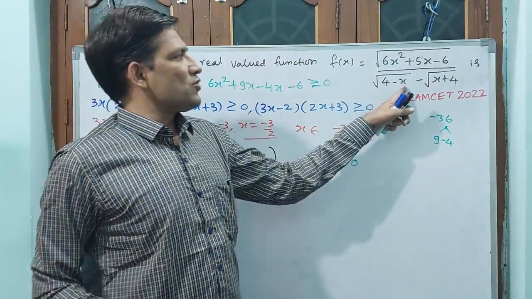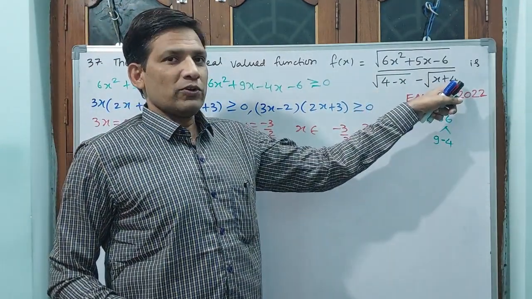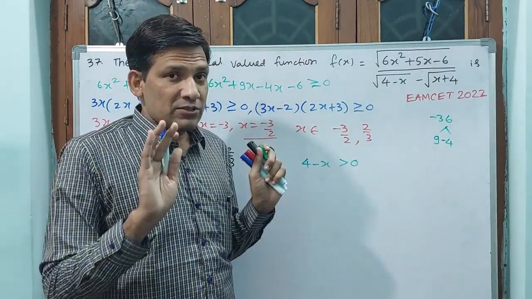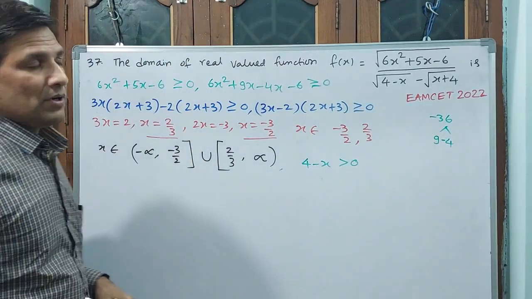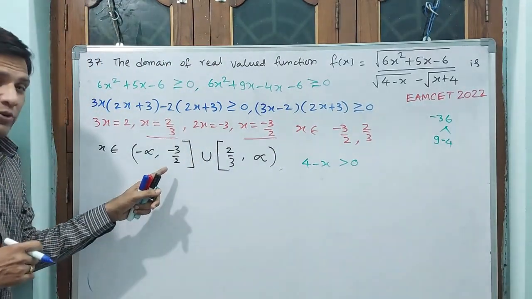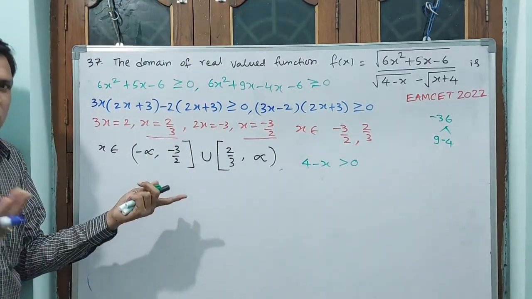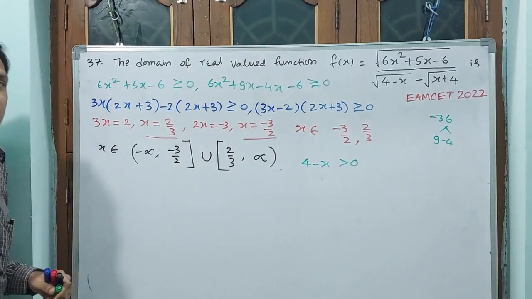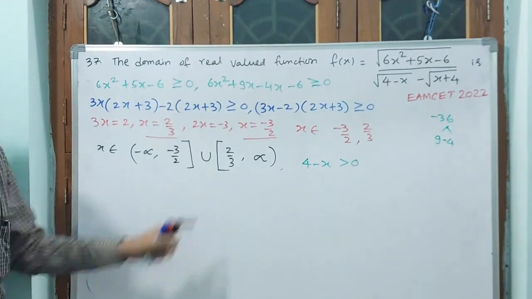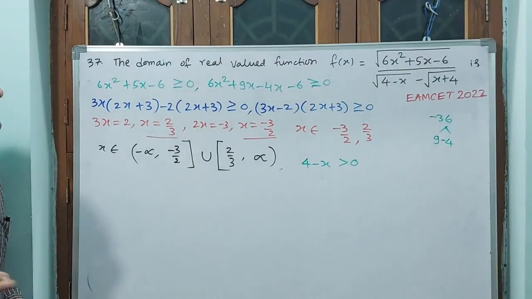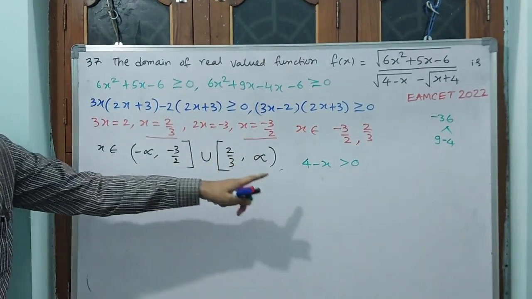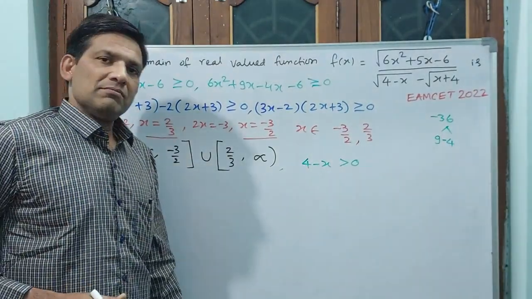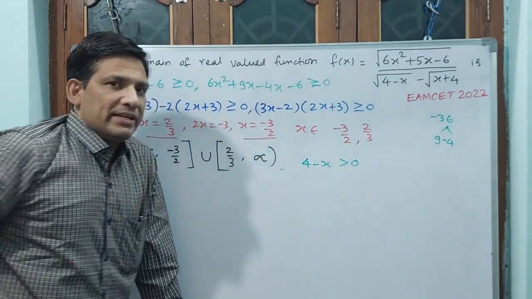Because x is 0, root 4 is 2, 2 minus 2 is 0. The denominator is going to become 0. That means you should not take that 0. Are you going to take 0? No, we are not going to take 0. We will take in this only again. That is why 0 we are not taking. You did not write equal to. Automatically 0 anyway we are not taking.